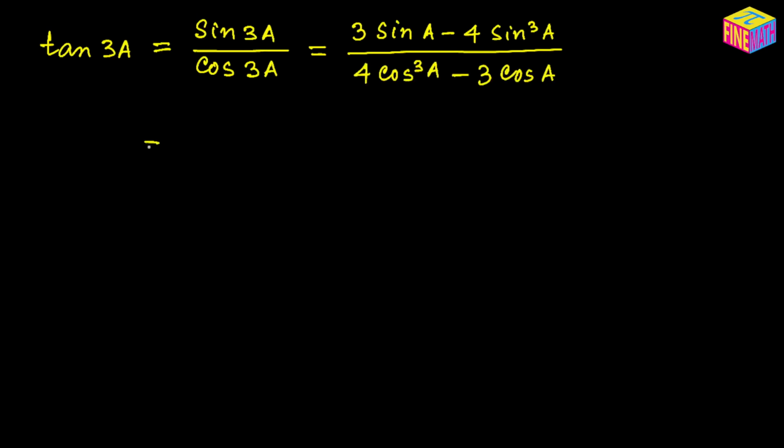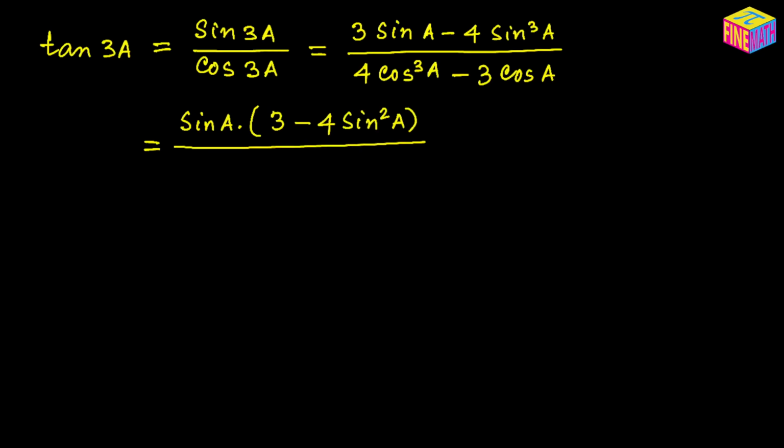And now let's take out sine of a from the numerator. So this will be sine of a times, what are we left with? We are left with 3 minus 4 times sine squared of a. And similarly in the denominator, let's take out cosine of a, and then we will be left with 4 times cosine squared of a minus 3.